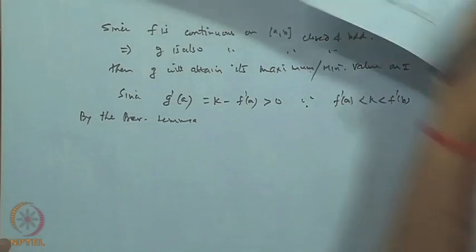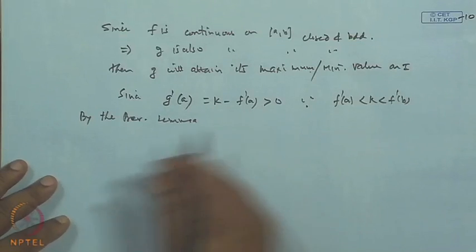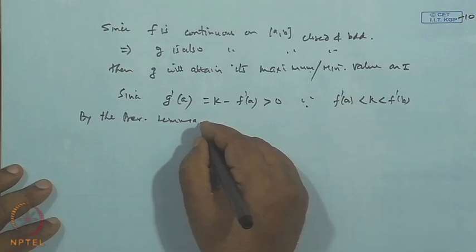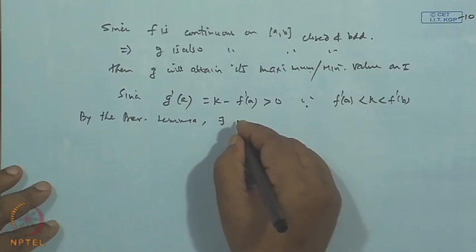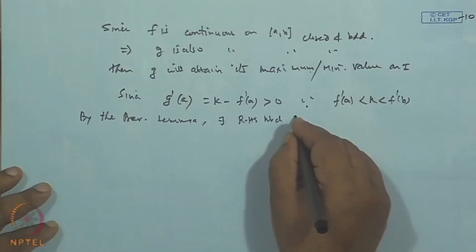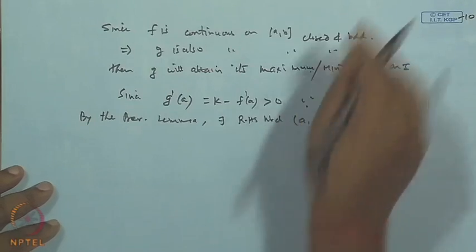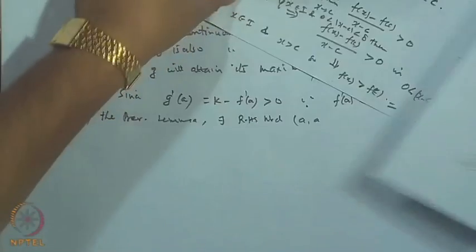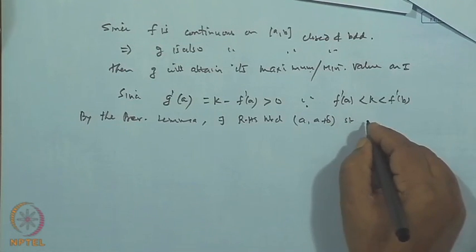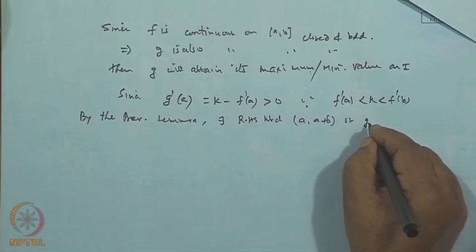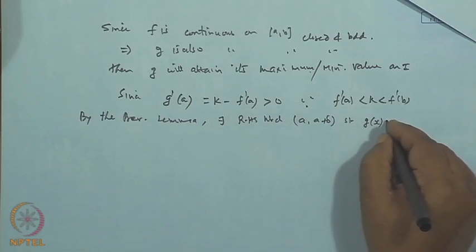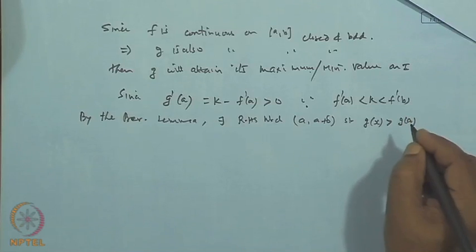So, from the previous lemma, there exists a right hand side neighborhood a to a plus delta, such that g(x) is greater than g(a).